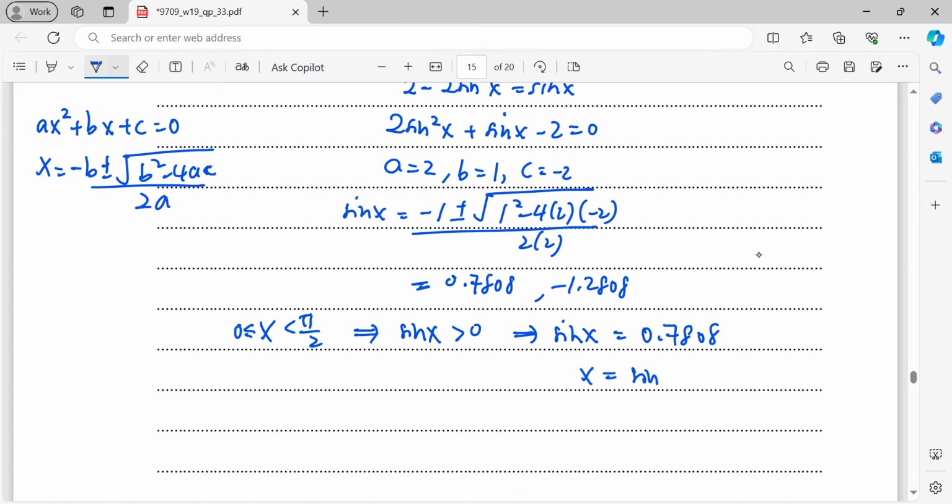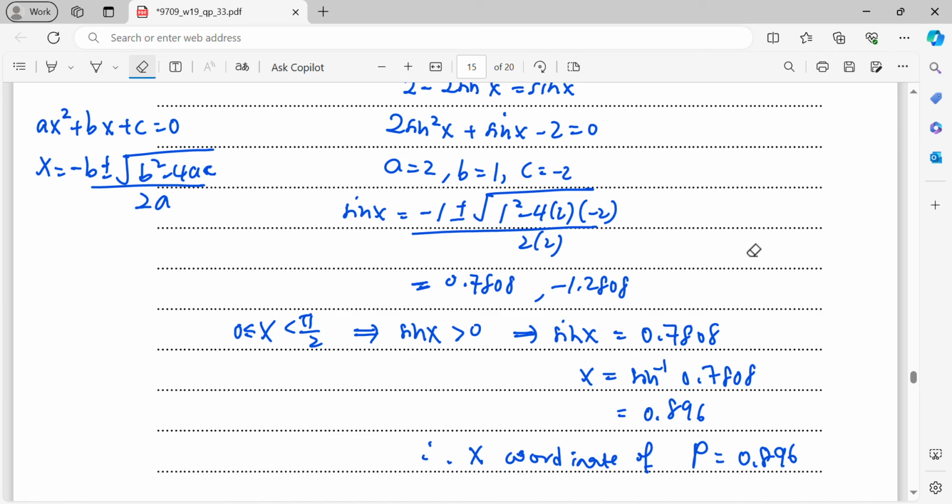So my x is inverse sine 0.7808. That is going to be 0.896. So my x coordinate of P equals 0.896. That's the solution of this question.